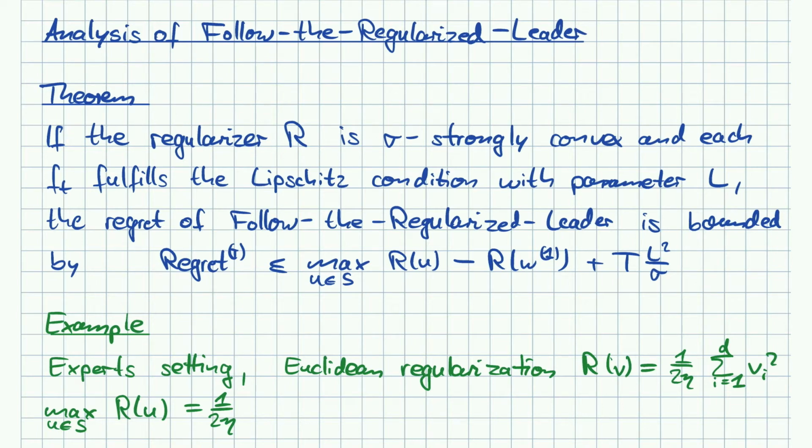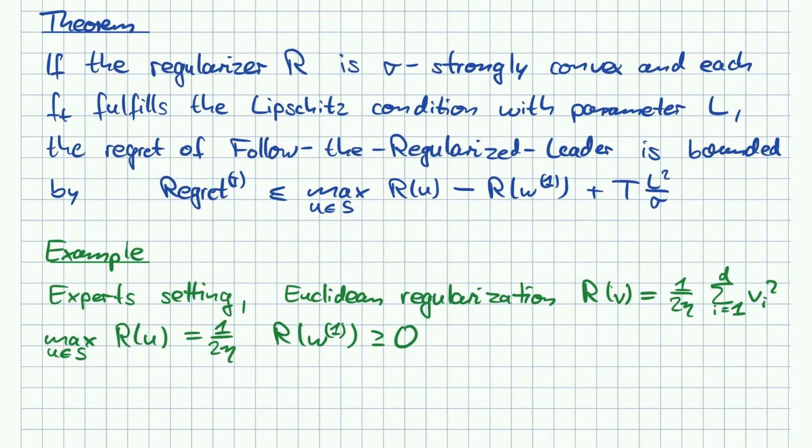So this is where this is coming from. The maximum will be 1 over 2 eta. The first value of the regularizer is at least 0. Good, now we have a bound for this and for this. What about our L and our sigma?